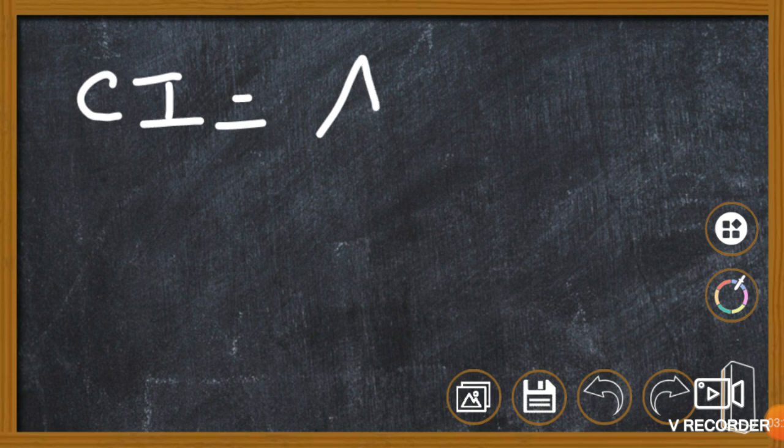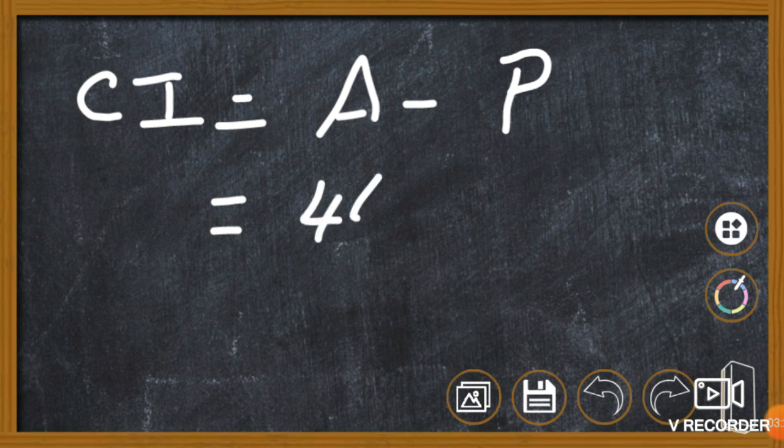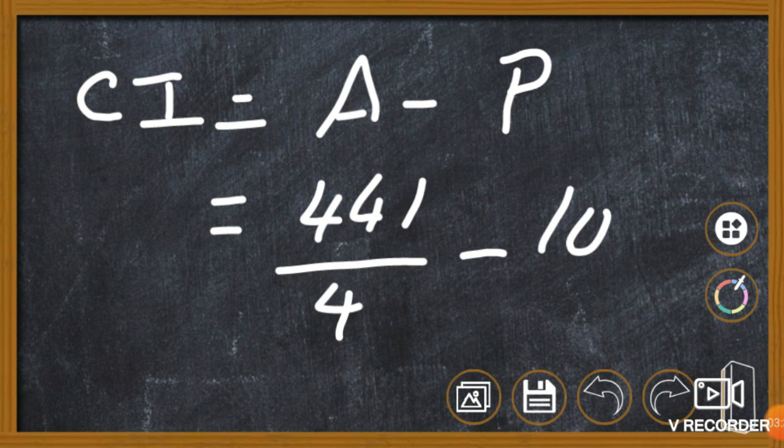So let us calculate the compound interest. Compound interest is A minus P, that is 441 by 4 minus rupees 100. P is 100, what we have assumed.